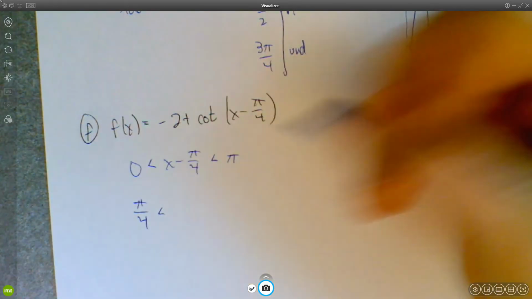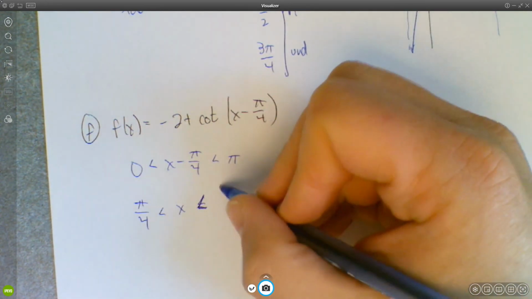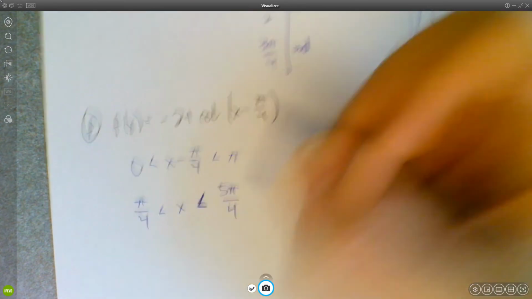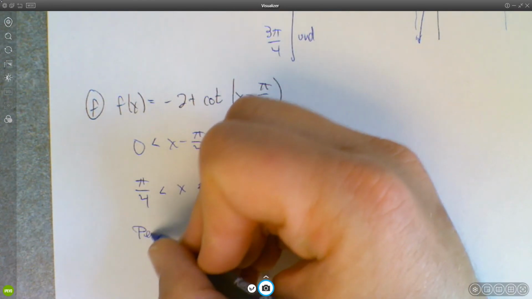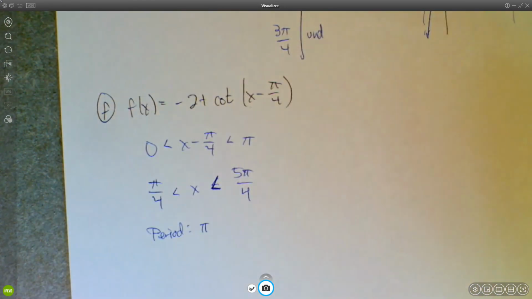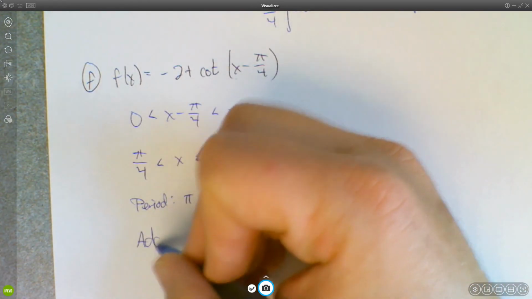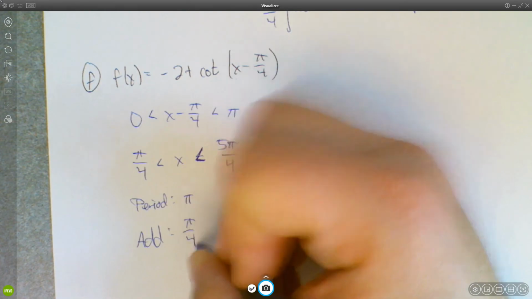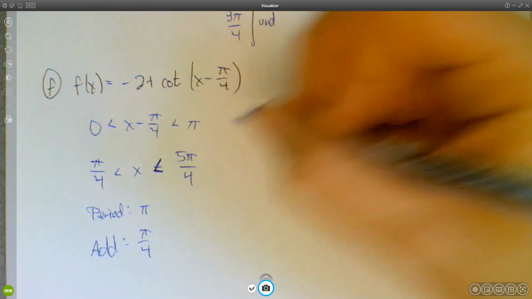So x has to be between pi over 4 and 5 pi over 4. But 5 pi over 4 minus pi over 4 is 4 pi over 4, which is pi. So the period is still pi. And you could tell that because you're not multiplying x by anything. Okay, so the period is still pi, which means you're going to be adding pi over 4, starting at pi over 4.